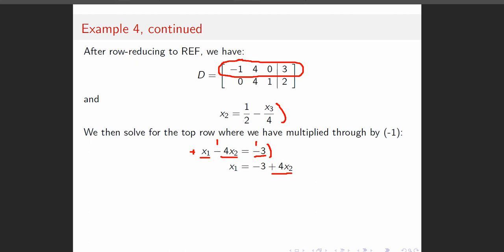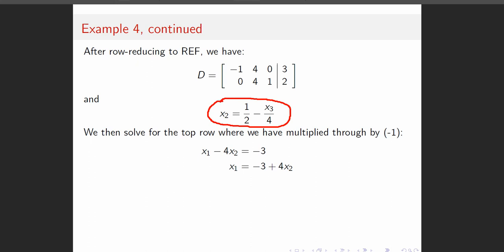And now there's something interesting. I'm going to get rid of this ink so you can see, but take a look. What is interesting about this? Well, the interesting thing is I know what x2 is equal to, okay? And so I can substitute it in right here. And so I can simplify this top row equation by substituting in the second row. Even though it still has a free variable in it, I can substitute in for the basic variable here and get things to be a little simpler.